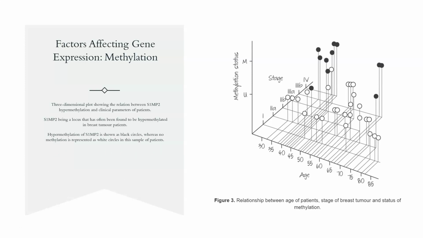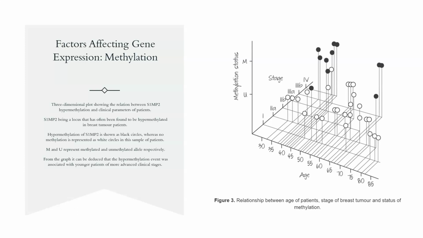Hypermethylation of SFRP2 is shown as black circles, whereas no methylation is presented as white circles in this sample of patients. So black circles is hypermethylation of that gene. M and U represent methylated and unmethylated alleles respectively.